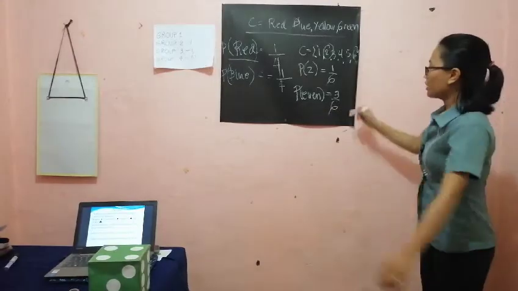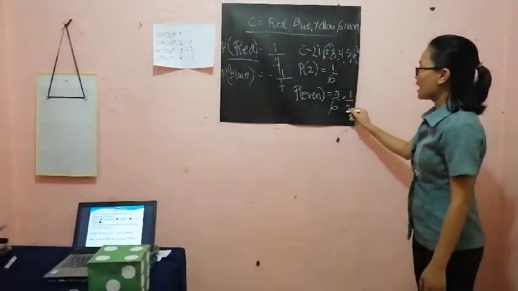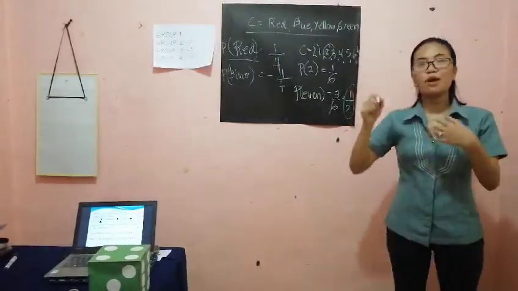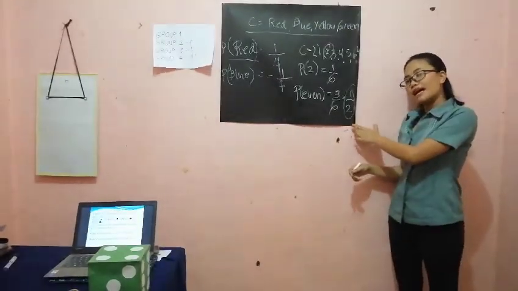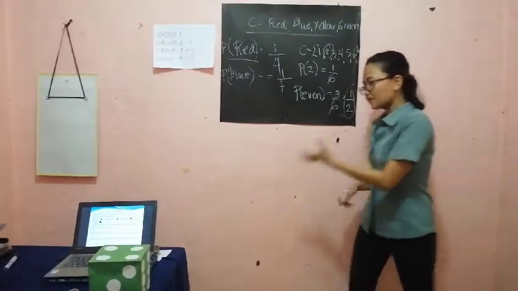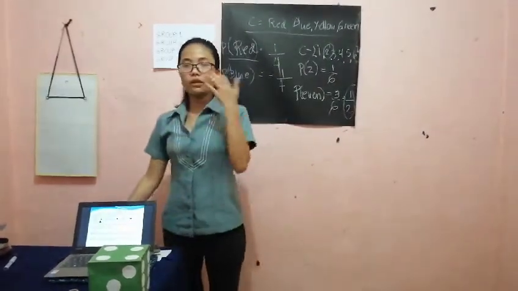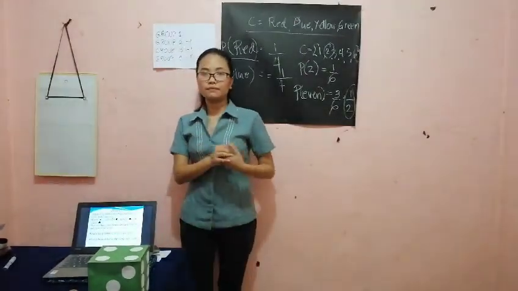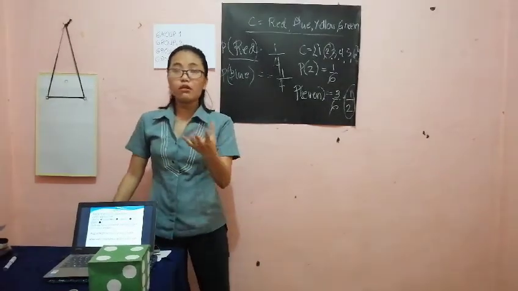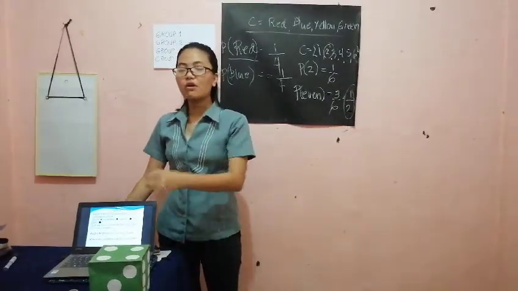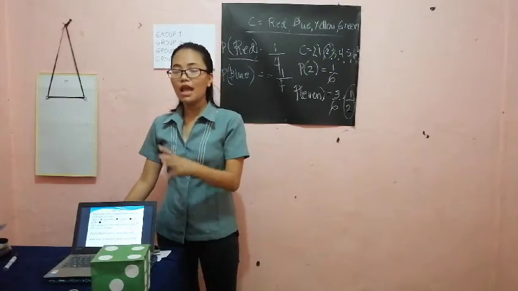And in lowest terms, we have 1/2. Always remember that fractions should always be in lowest terms. Do you understand? Okay, based on our example, how can you denote the probability of an event? Precisely, the probability of an event is equal to the number of chances over the number of possible outcomes.